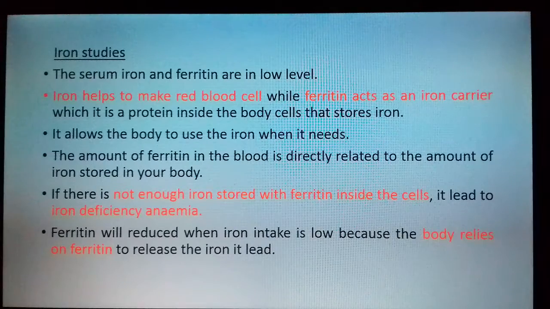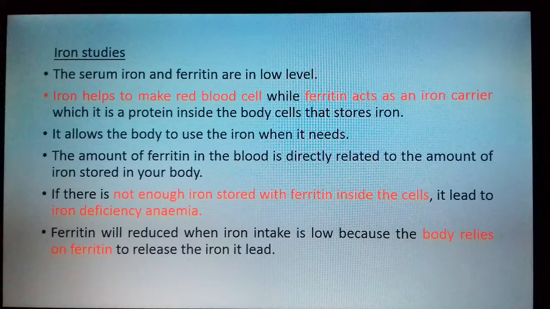Iron studies. The serum iron and ferritin are in low level. Iron helps to make red blood cells, while ferritin acts as an iron carrier, which is a protein inside the body cells that stores iron. It allows the body to use the iron when it needs.